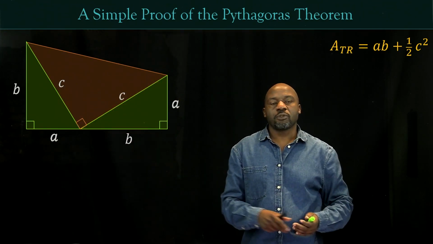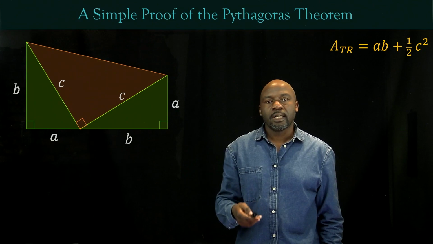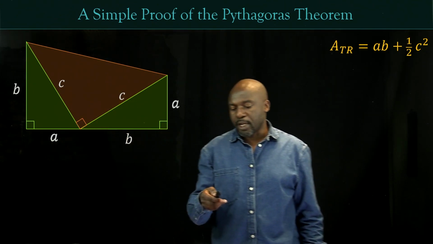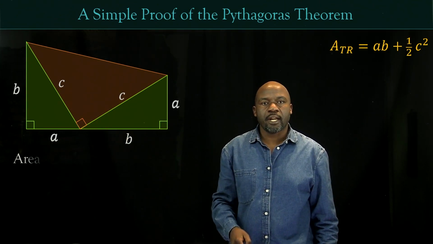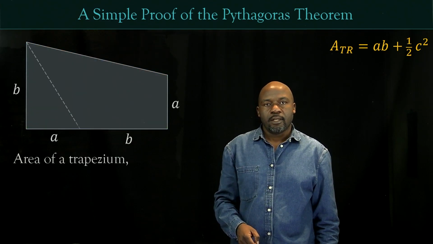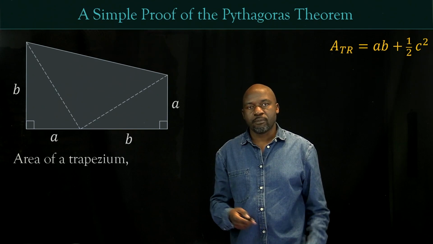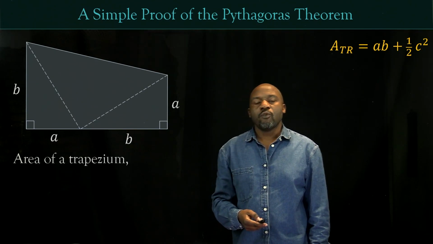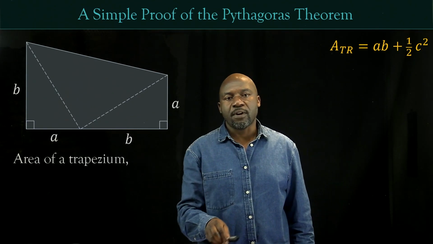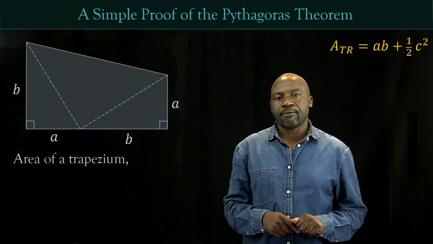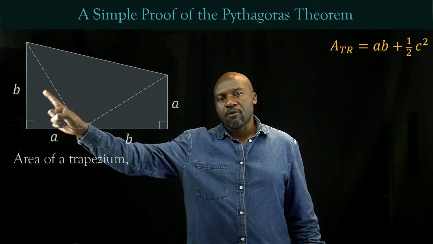Next part, of course, is let's think about the three triangles as forming a trapezium, so we are looking for the area of a trapezium. If we think of this purely as a trapezium, that gray shape there, then we know the area of a trapezium is found by taking a half times the sum of parallel sides.